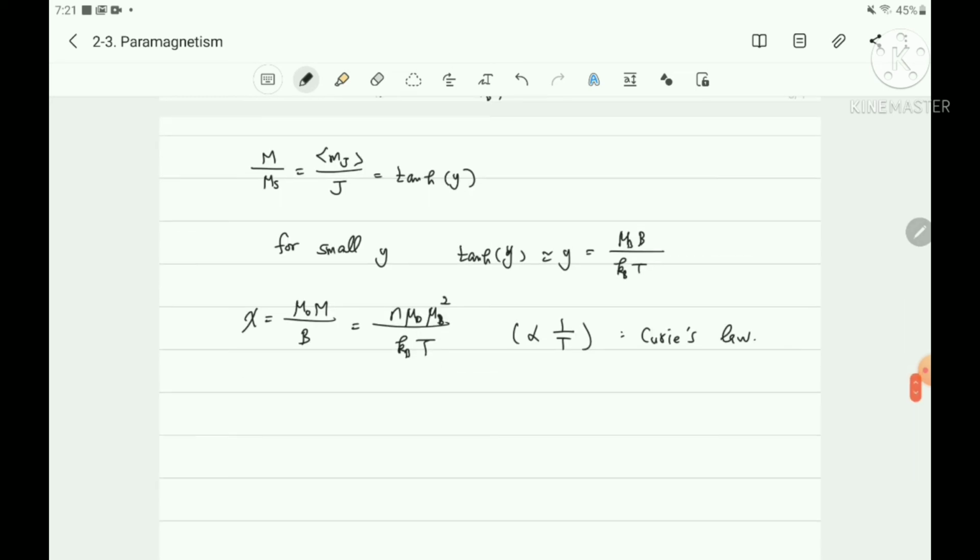Anyway, we already know the partition function of this system: for spin down exponential beta mu B B, and for spin up exponential minus beta mu B B. Therefore, it is 2 cosh of mu B B over kBT.